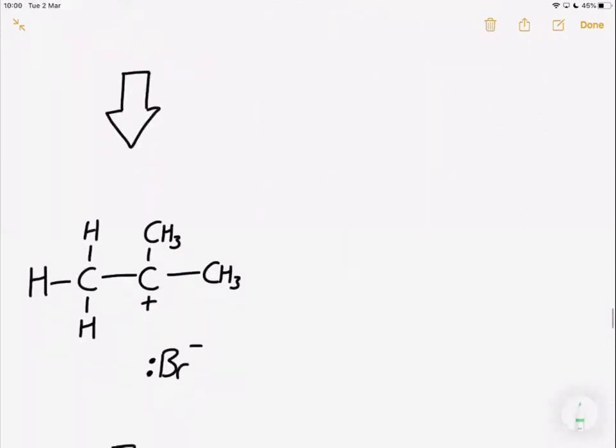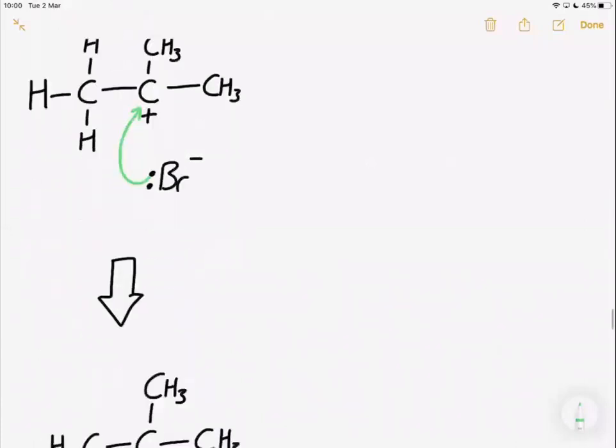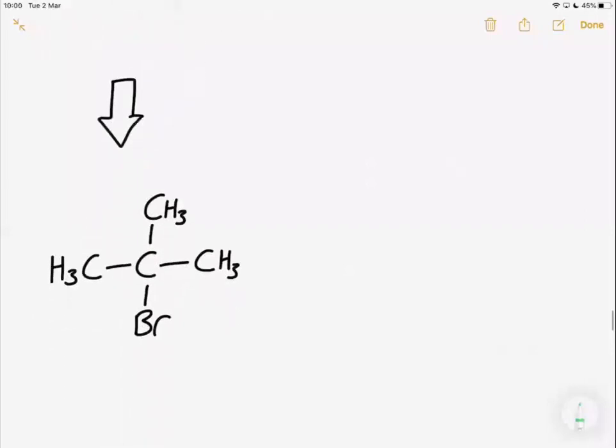So there we go. We'd have one more curly arrow there to show the formation of the carbon-bromine bond in position 2. And we would have this molecule, which I guess we would call 2-bromo-methylpropane, because the double bond's gone now. I don't think I asked for it to be named, but that's what you'd call it.